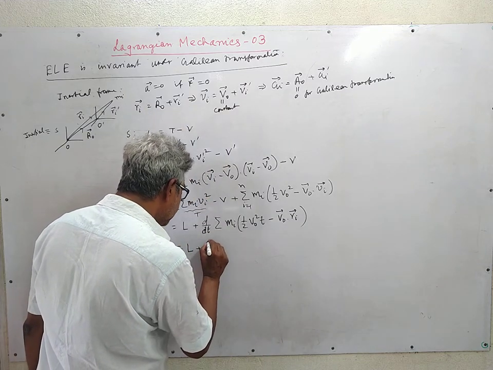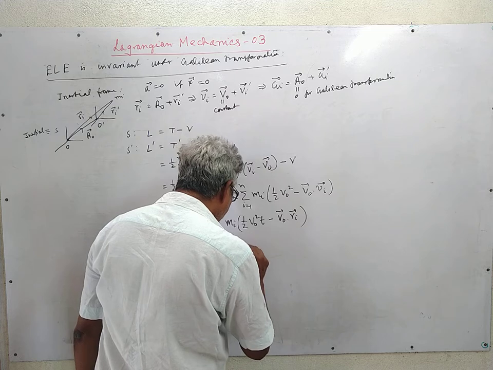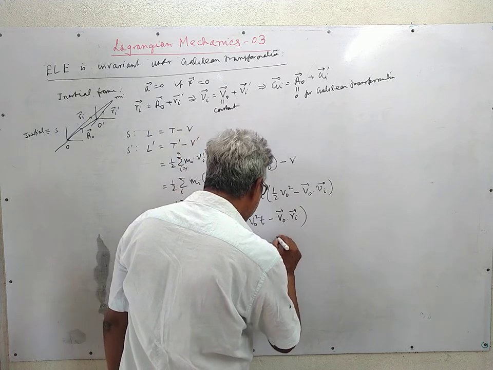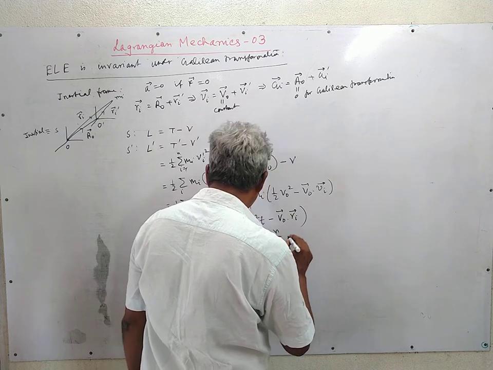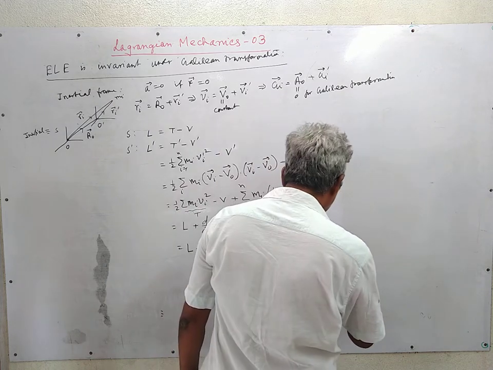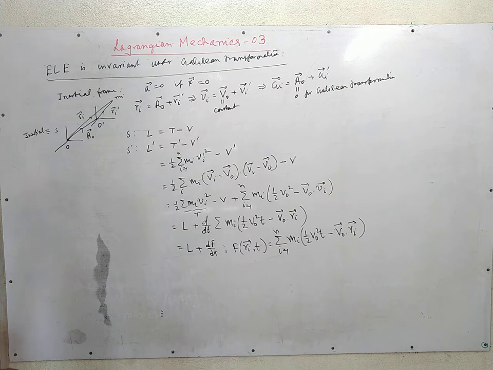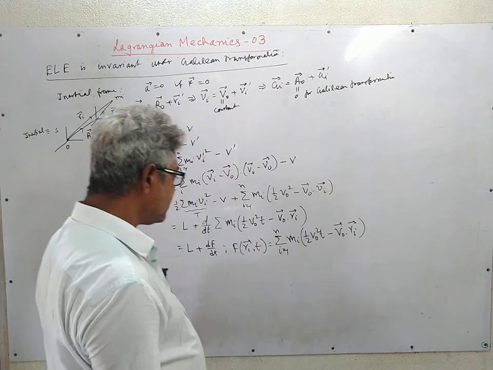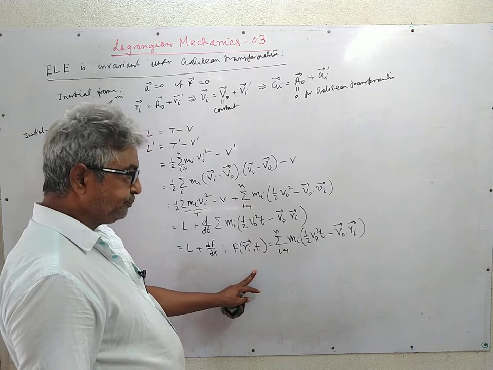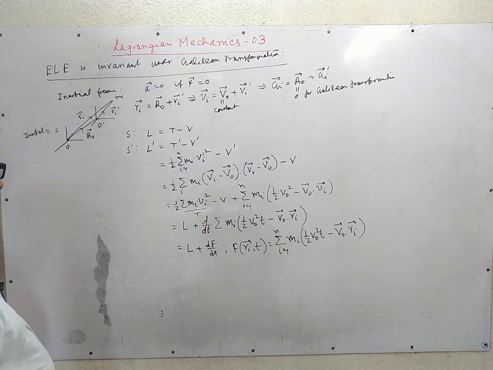So we have L plus df/dt, where f is a function of ri's and t, equal to summation over i equal to 1 to n of mi (half v0 square t minus v0 dot ri). Since v0 is a constant, it is a function of ri's and t only. So it is a gauge function for the Lagrangian, and that's why this L prime also satisfies the Euler-Lagrange equation. So we see that the Euler-Lagrange equation is invariant under Galilean transformation.